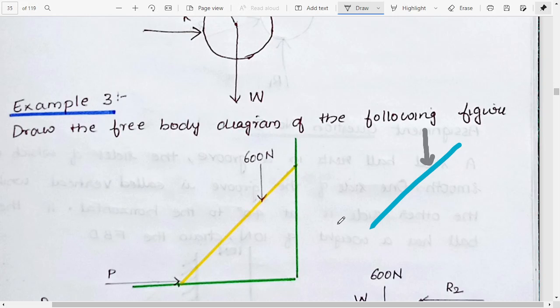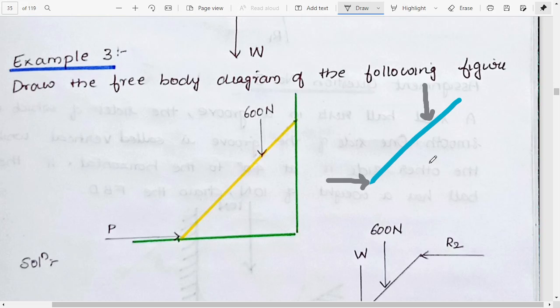Then we have a force like this, P. Is there any other force? Consider if there is no wall here, what will happen? The ladder will come down.